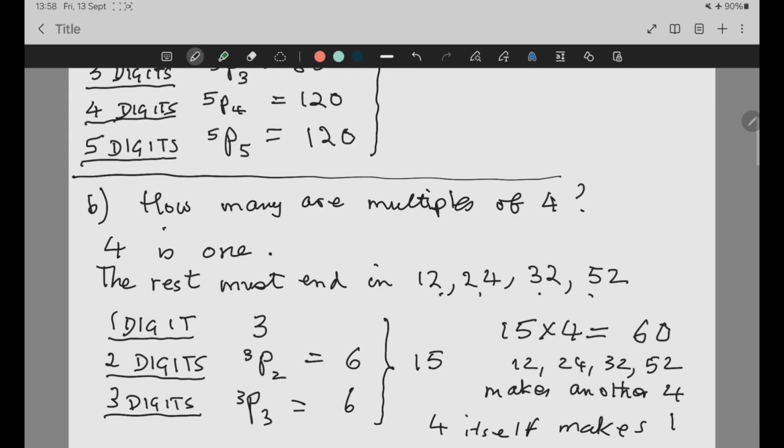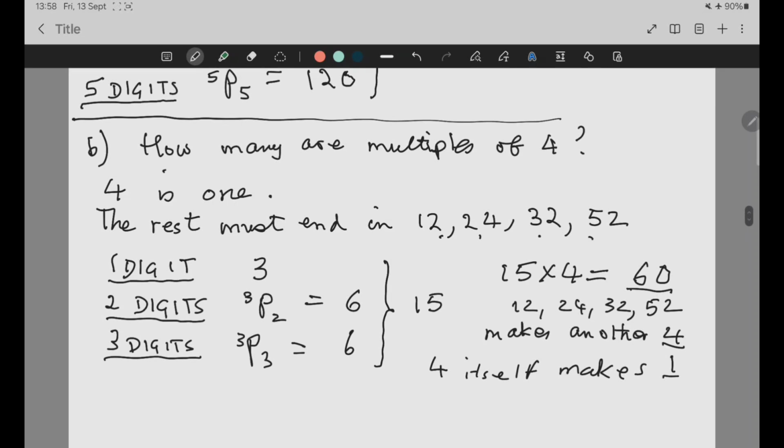So we just add up 60, 4, and 1 and come up with a grand total of 65 altogether. And that answers the second part of that question.